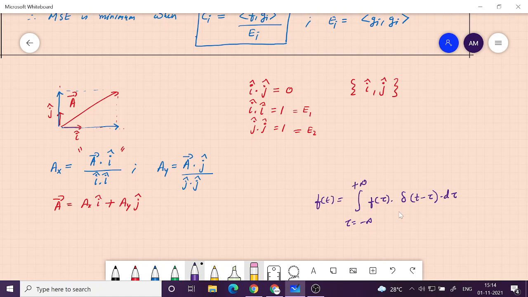Laplace transform is also a special case of this. Fourier transform is also a special case of this. Fourier series is also a special case of this. Everything that you study in this course is a branch of this, one way or the other.